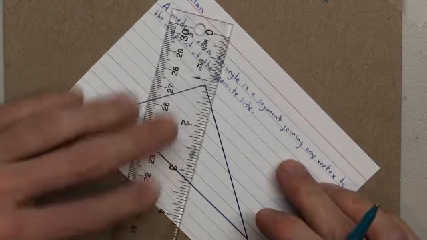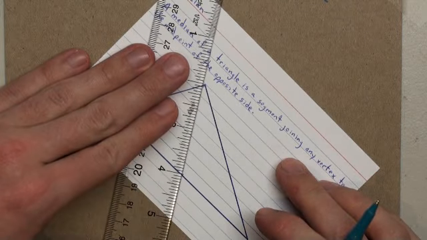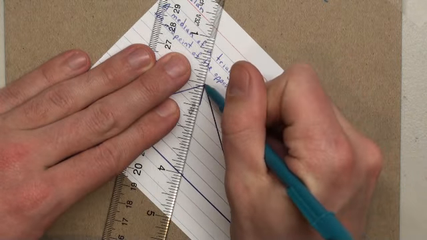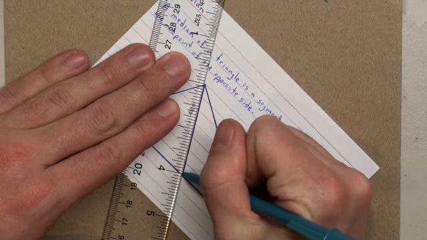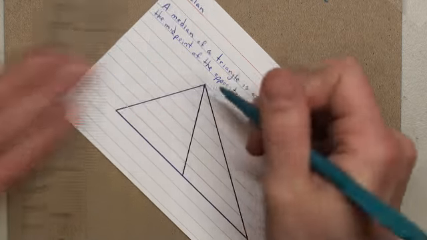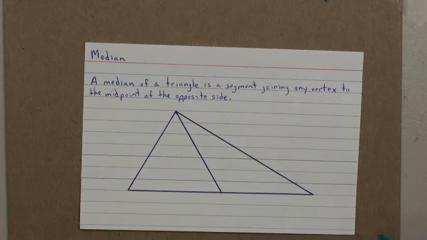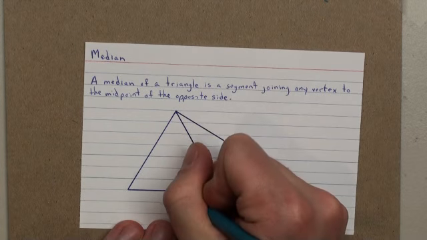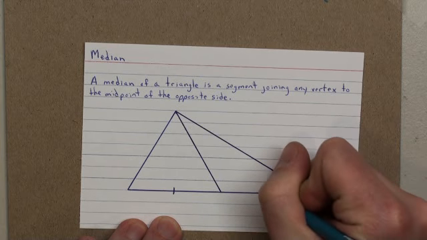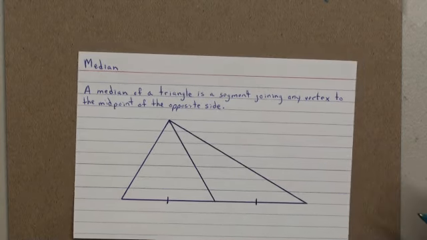So that's where the median goes. It goes from the vertex right down to the middle of the opposite side. So what we know is that this piece is the same length as this piece. Okay?